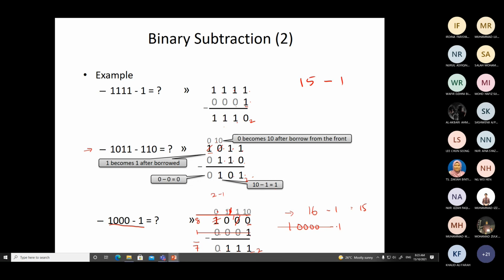When you try to minus 1, you need to borrow. So from 10000, 5 bits, minus 1, it will become 4 bits, all 1. Okay, so do this kind of exercise where you need to borrow. Okay, next.